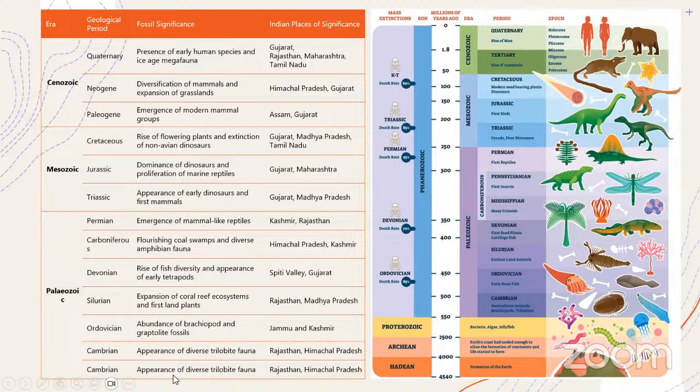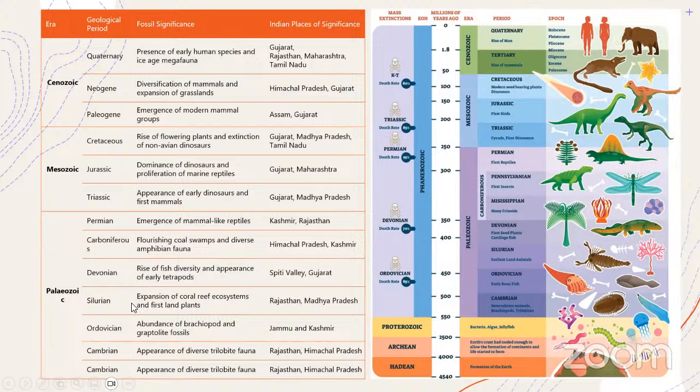For example, in the Cambrian, appearance of diverse trilobite fauna, and Indian places of significance are Rajasthan and Himachal Pradesh, where we can find these fossil types. In the Ordovician period, abundance of brachiopods and graptolite fossils, which we can observe in the Indian continent in Jammu and Kashmir regions.